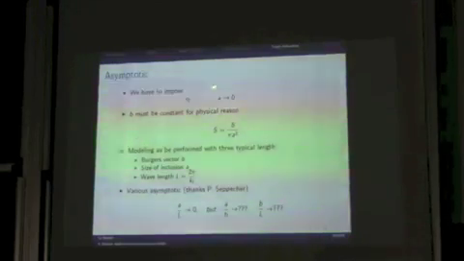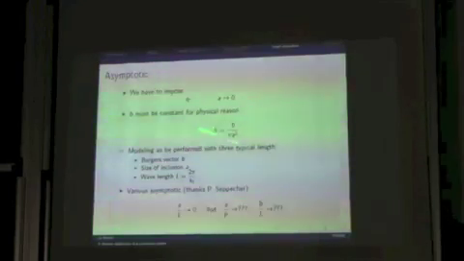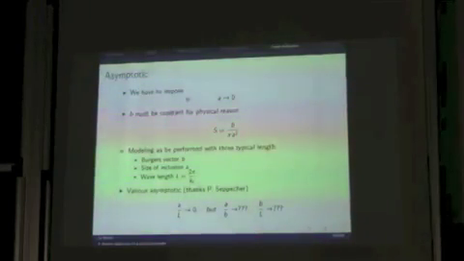We have to impose a ratio which goes to 0. So we have to impose A going to 0 and we keep fixed the Burger vector. So S will not be constant during the asymptotic procedure.